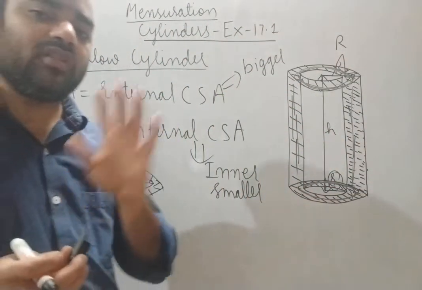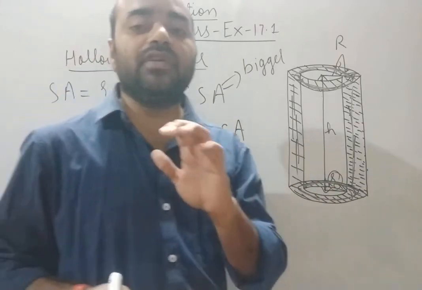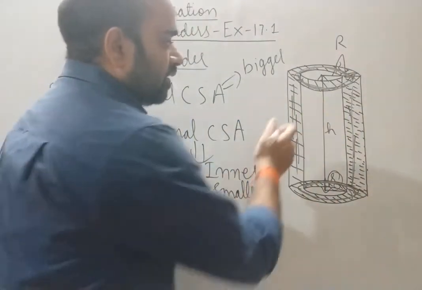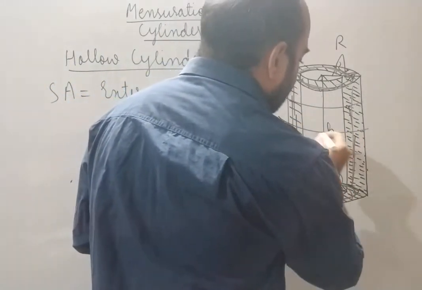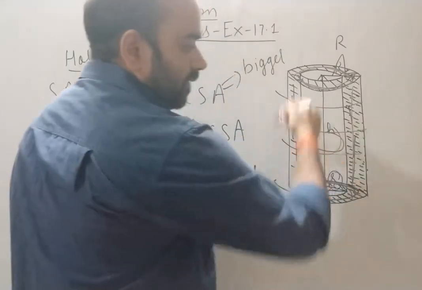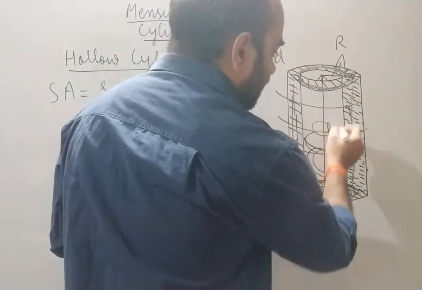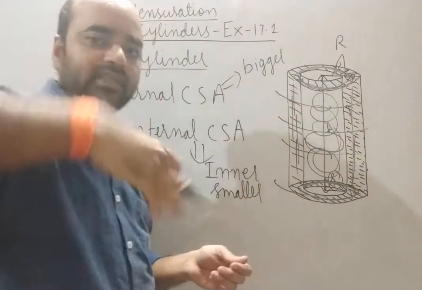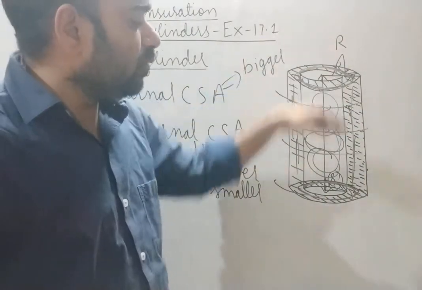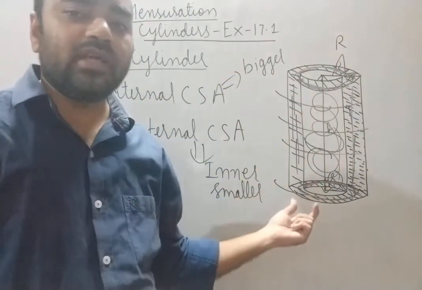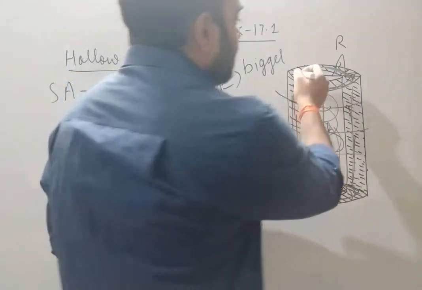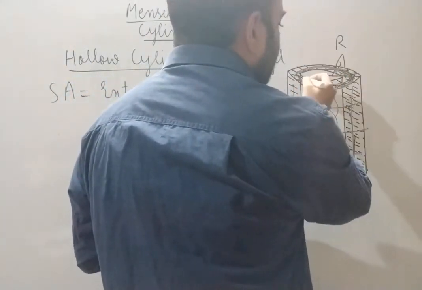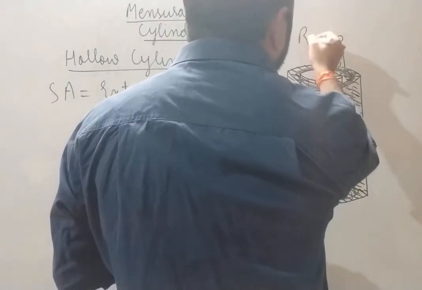Surface area means all the surfaces which are exposed, which we can see. So first of all, the external curved surface area, then the internal curved surface area from inside. Then we can see two more faces, top and bottom circular ones, but not a complete circle, the area between two concentric circles, and that is called a ring.